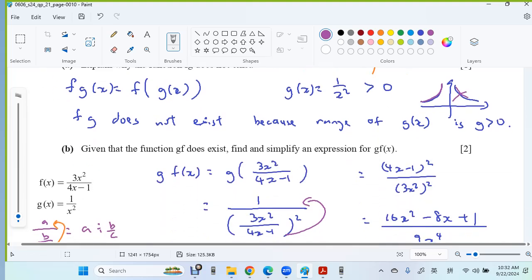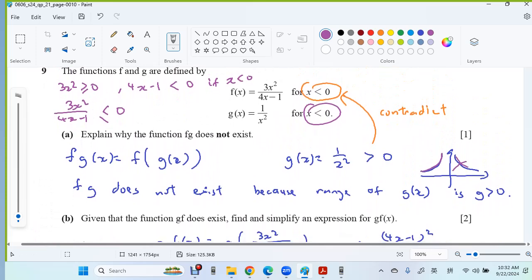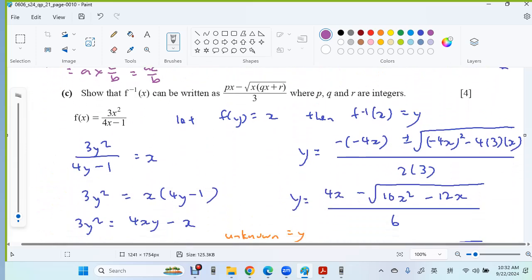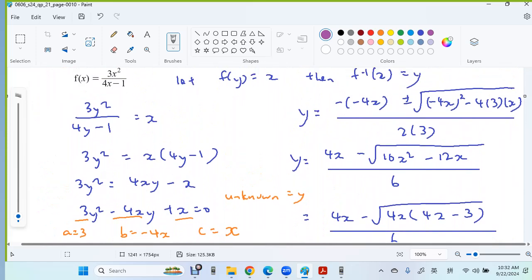So x less than 0, y less than 0. So this is y less than 0, so we take the negative only. Okay, done.